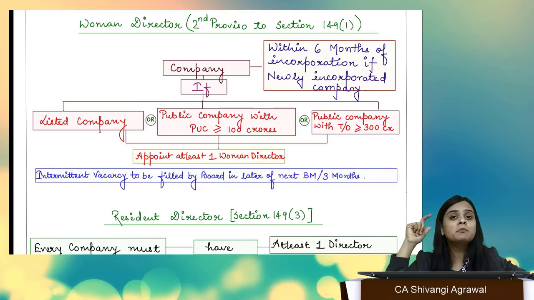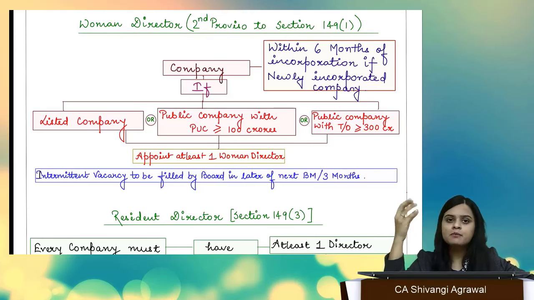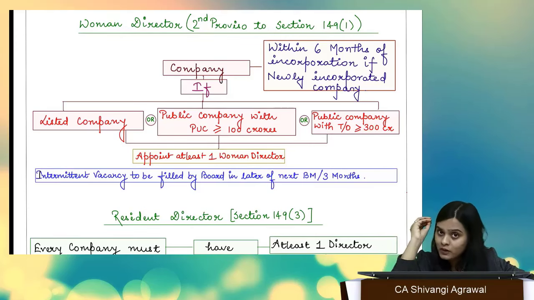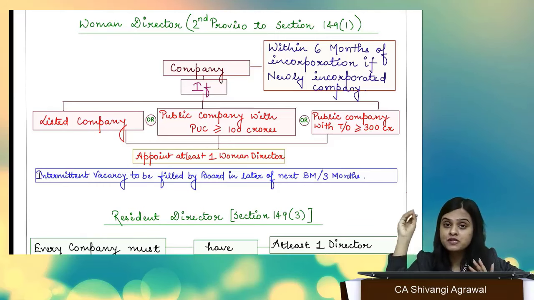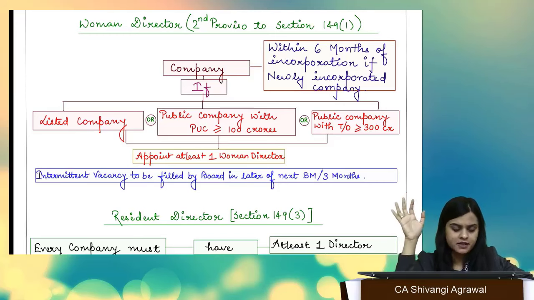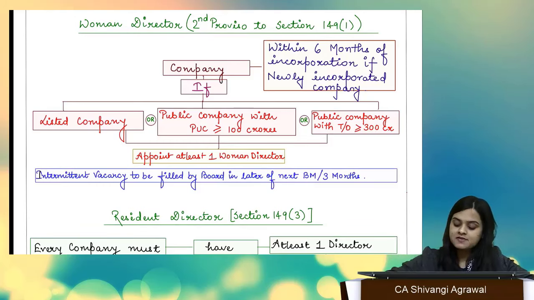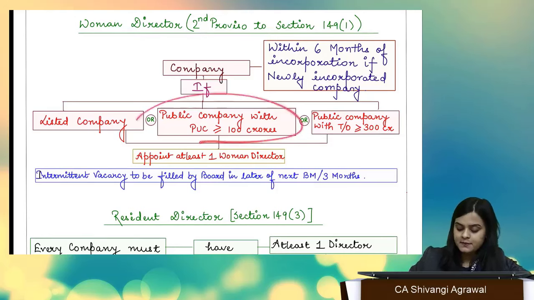So this is the mandatory requirement which is imposed on listed company, and listed company means listed public company only pursuant to the amendment in Section 2 clause 52, definition of listed company, which I'm not discussing here again right now. And if it is other type of public company, then it has to satisfy either of the 2 criteria.